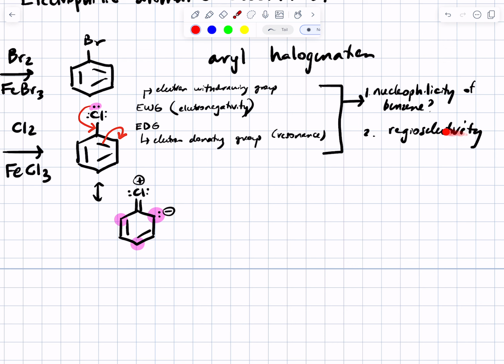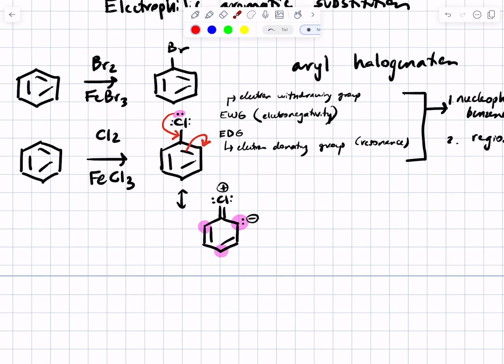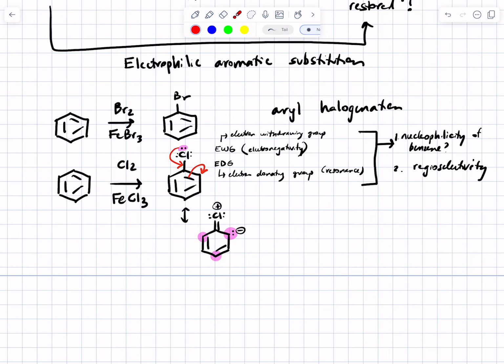We're not ready to talk about regioselectivity, and we'll have more to say about the nucleophilicity of the benzene. For right now, I would tell you that experimentally we observed that chloro and bromobenzenes are a little less reactive than benzenes are. So it must be in the case here that for the reactivity of the benzene ring, the electron withdrawing group dominates. We'll have more to say about that later.